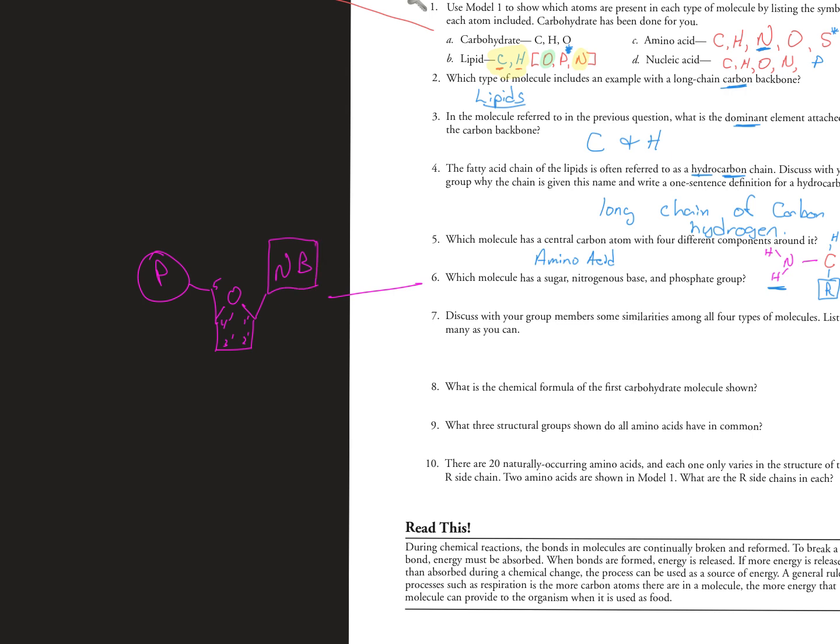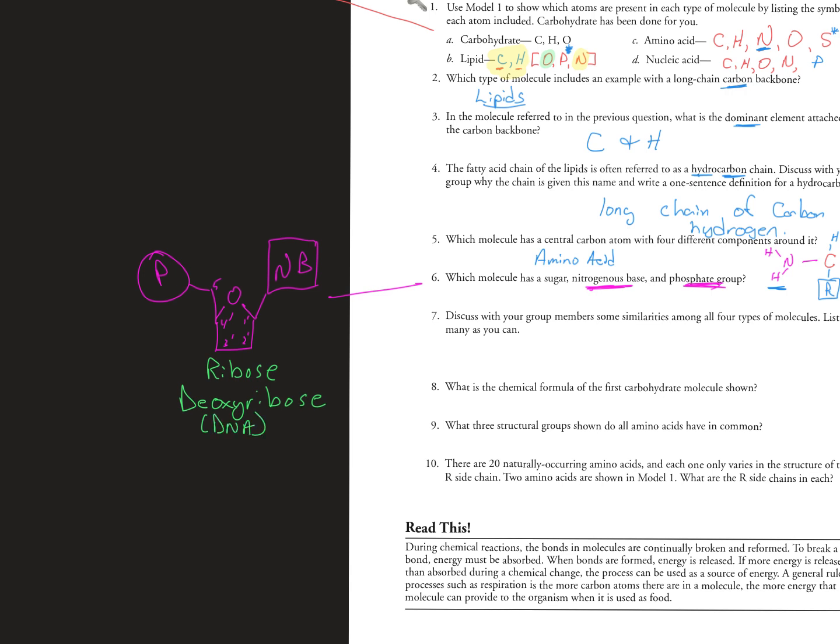Right? So with a nitrogenous base and a phosphate group attached to a sugar, the sugar can be deoxyribose in DNA, and ribose in RNA.